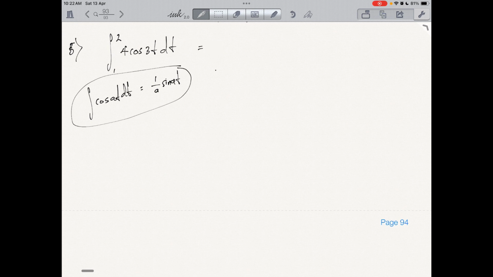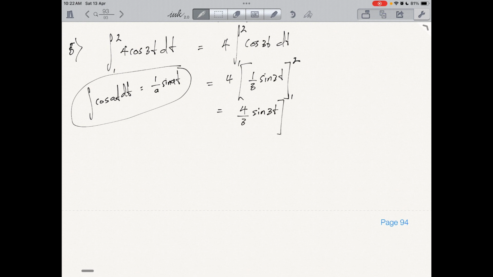And we can bring the 4 outside as a constant. Integrating cos 3t dt from 1 to 2, we'll have 1 over 3 sine 3t. Now this will give us 4 over 3 sine 3t multiplied from limit of 1 to 2.